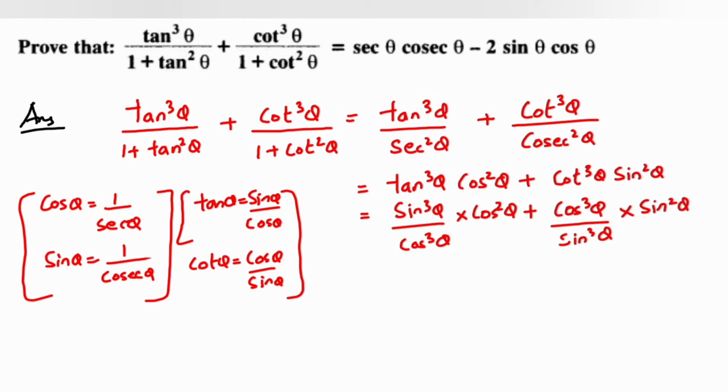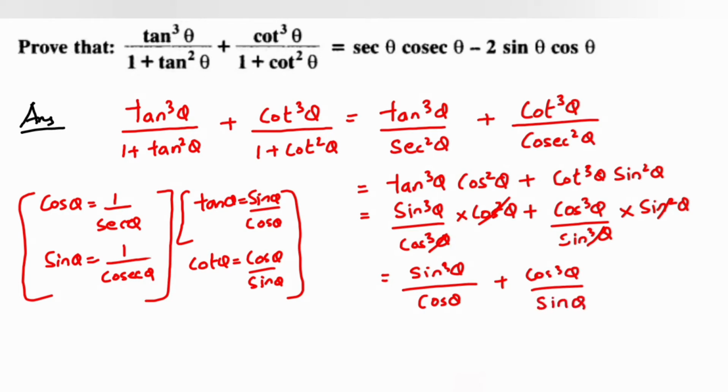Now we can cancel cos square in the denominator and numerator. We are still left with one cos in the denominator. Similarly with sin, we cancel the sin square from the denominator. So we'll get sin cube theta upon cos theta plus cos cube theta upon sin theta.